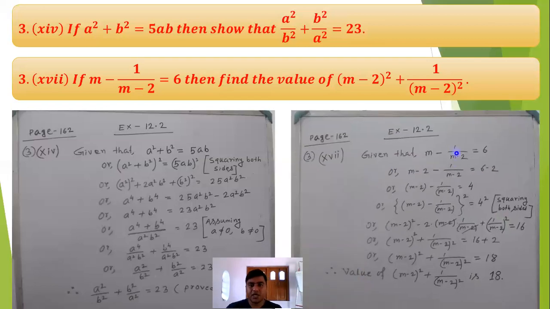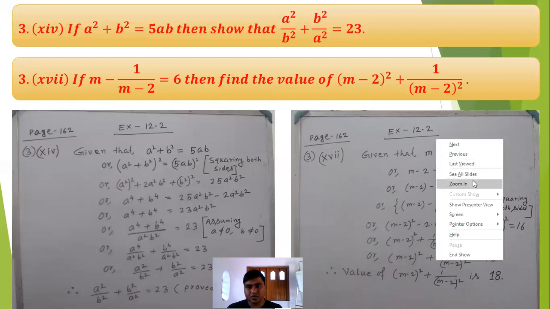Given that m minus 1 upon m minus 2 equals 6. Now this is m minus 2. We are changing m to m minus 2, so here is minus 2, and this is 6 minus 2.